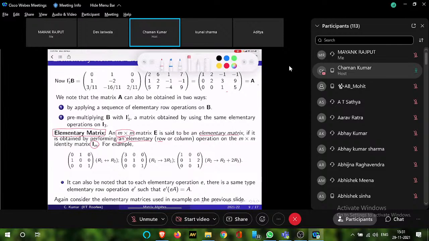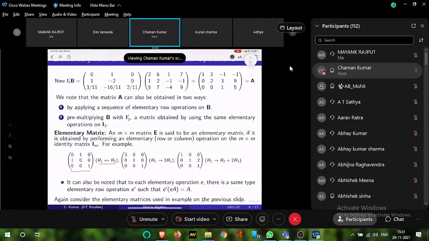When you do the column operations, then in that case also it is known as elementary matrix. So now let us see a couple of examples of these elementary matrices. So you interchange row 1 and row 2, you will get this one. So this is an elementary matrix. In the identity matrix, you have 1 0 0, 0 1 0, 0 0 1.